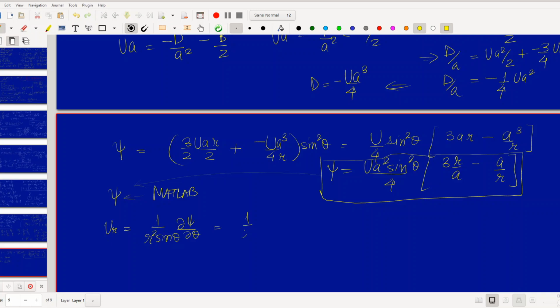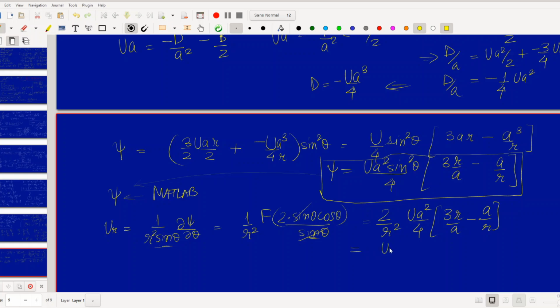So del psi del theta will simply be equal to F times 2 sine theta cos theta divided by sine theta. So this 2 sine theta cos theta is essentially from del theta of sine square theta, and this sine theta appears over here. Sine theta cancels, so 2 by r square times F, and F in this case is u a square by 4 times 3 r by a minus a by r.